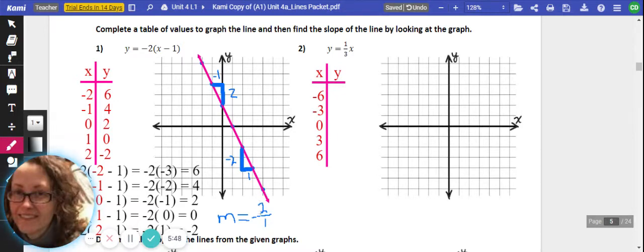So I could either have my 2 as the negative or my 1 as the negative, but I only get one negative sign either way.